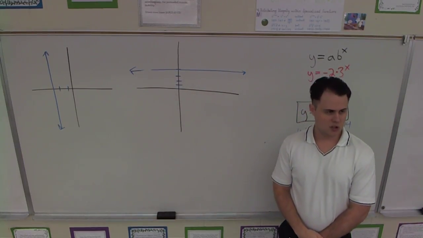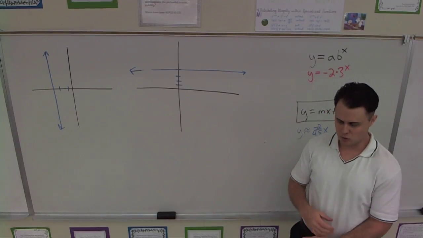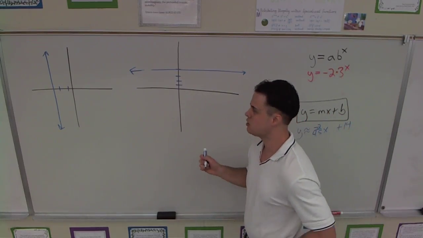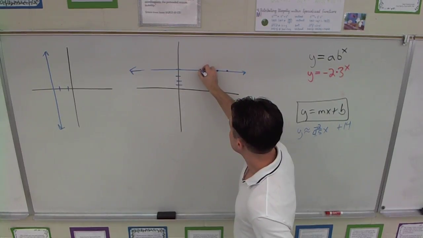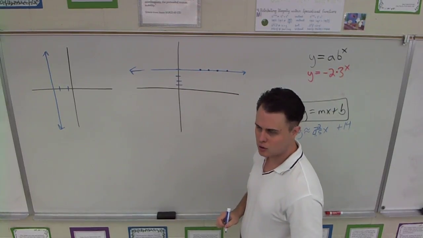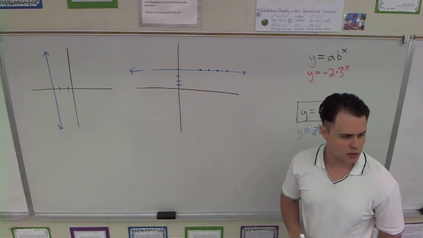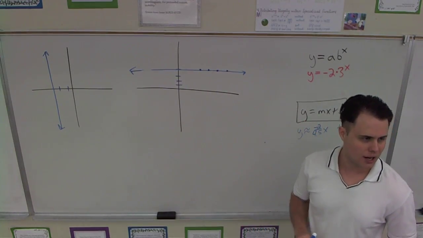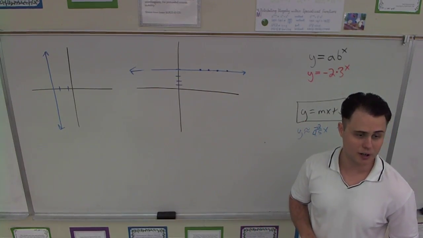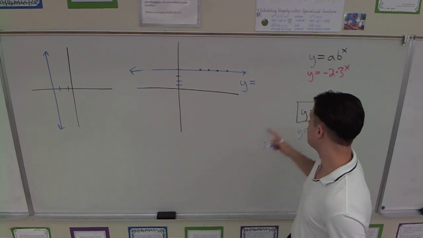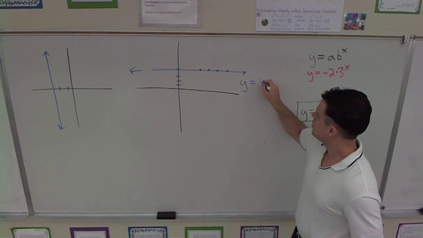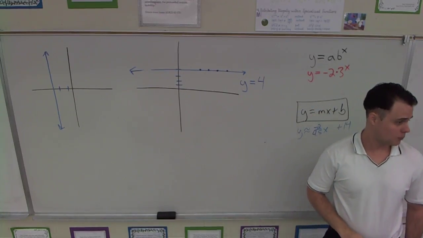When you think about this, what's the only criteria to be on that line? There's only one criteria. You have to be how high? 4. You have to be 4 high. So how do you say that with coordinates? Is it x that controls 4 high or y that controls 4 high? It's y. The equation of this line is just, instead of mx plus b, y equals 4.